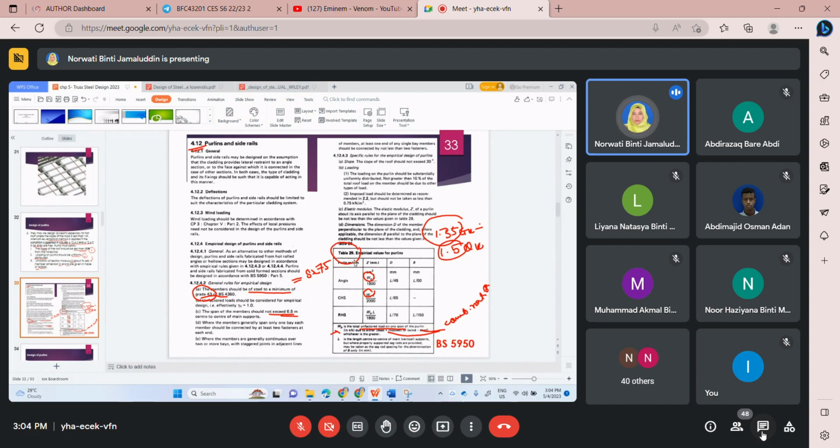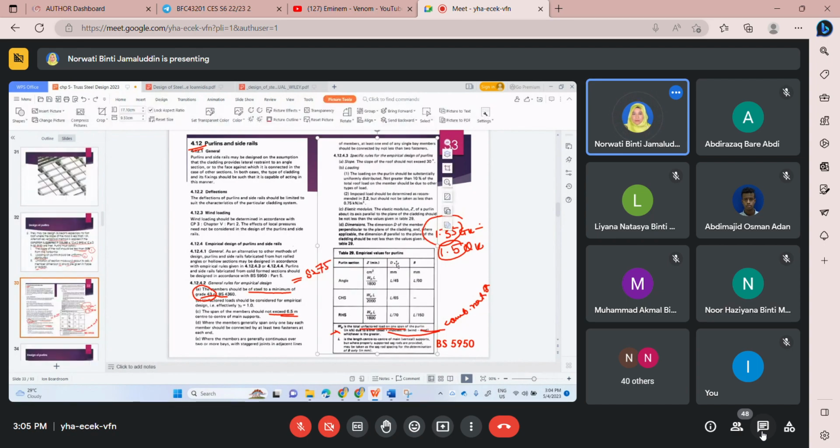Actually this table give you the limit value, the minimum value of Z, D and B. What is Z, D and B? Okay, table 29. Again I repeat, table 29 give the limitation value, which is the minimum value that designer must fulfill. From this table you can get minimum value of Z. What is Z?